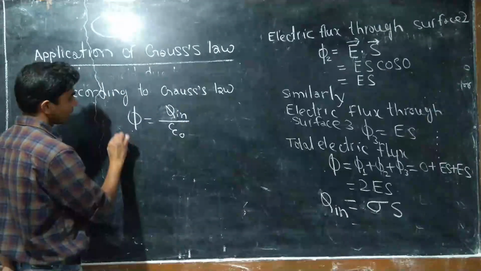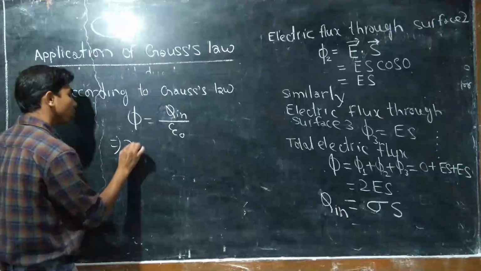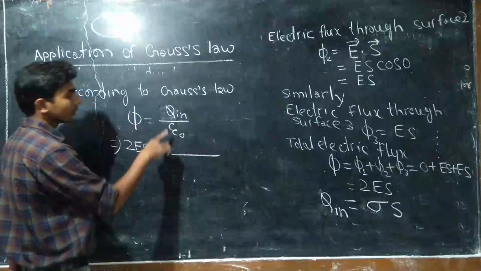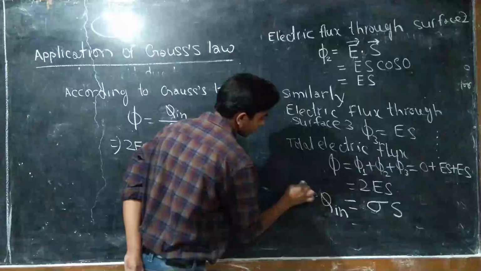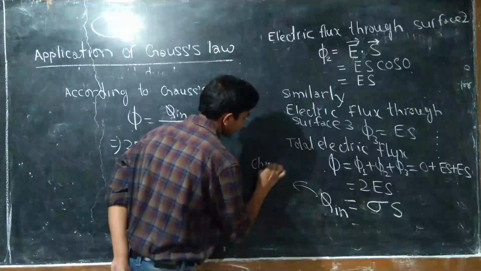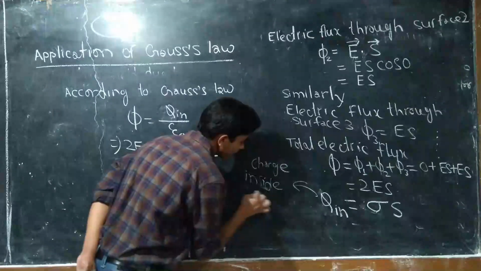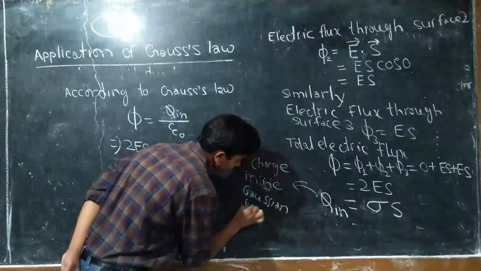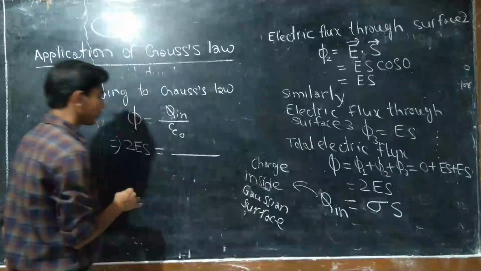The total flux phi is known, which is equal to 2 ES, and Q in is the charge inside the Gaussian surface.